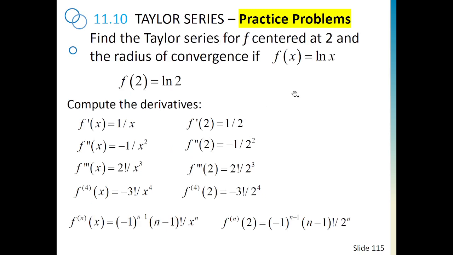Well, let's complicate things. We have here log x, but instead of our usual expansion around 1 for log x, we centered it at 2. So now we need to evaluate the function and all the derivatives at 2. Okay, so we need to differentiate log x, so 1 over x, and then the derivative of 1 over x, negative 1 over x squared.